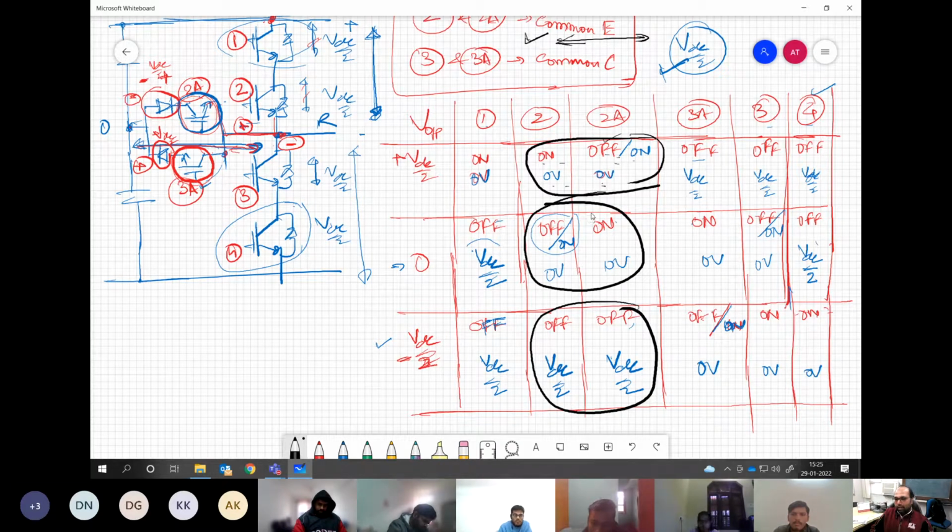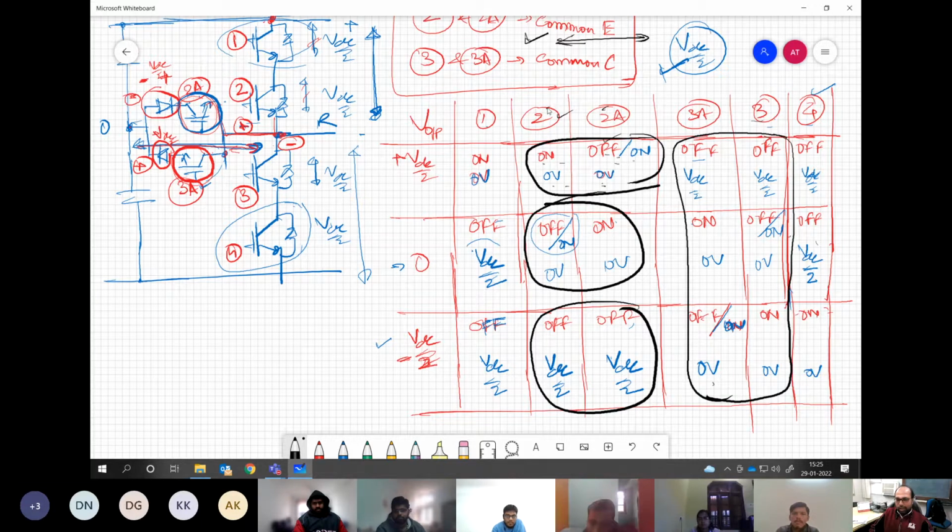Similarly, between 3 and 3A, the voltage drop is equal and the operation is also very similar. We can have the same gating signal for 3 and 3A. We can have the same gating signal for 2 and 2A without any problem. Will we have any problem if we keep like that? No, sir. So the gating signal for these two could be the same and these two could be the same.